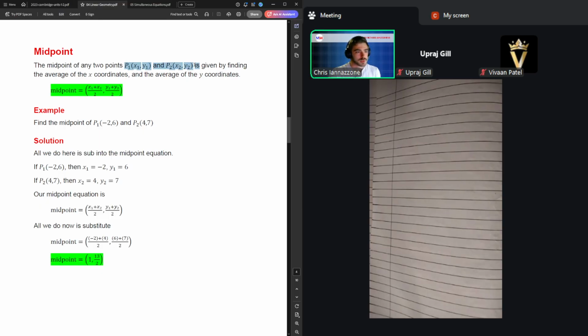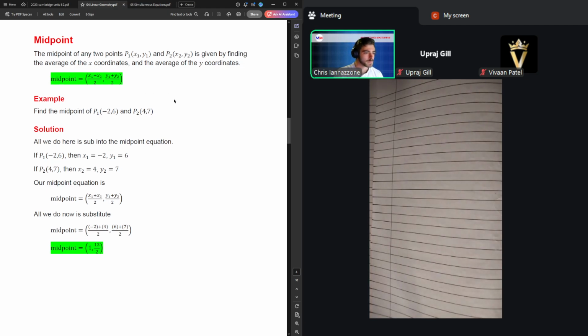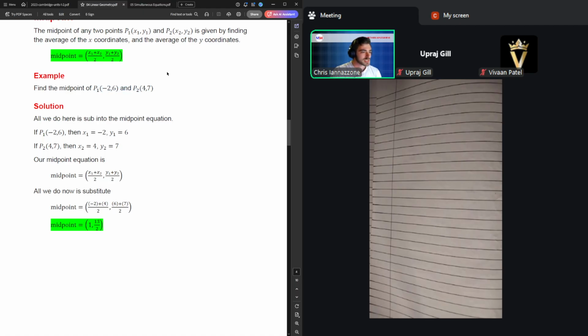So in theory, if for whatever reason you have 3 points, these would just be a division of 3, and you'd be adding up again all of the x and y components, always dividing by the number of points that you have. Doesn't come up pretty much ever. I don't think it ever has, but just in case, you can extend that out to multiple points. Again, this is just substitution. There's nothing too crazy to talk about here.